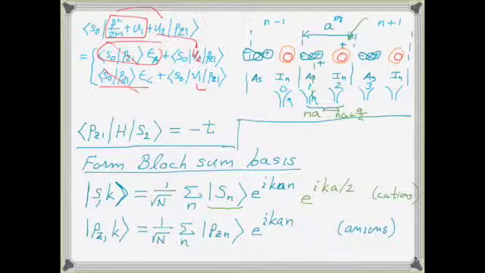And now in this basis, I need to calculate the matrix elements of the Hamiltonian. So let me go ahead and do that. We start off with a simple one, S k H S k.